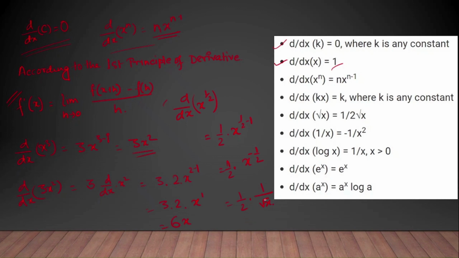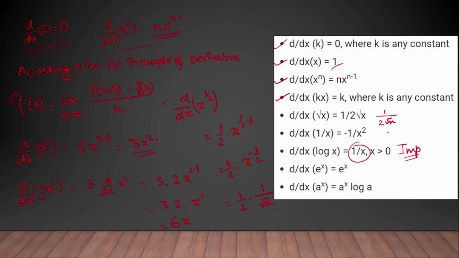I think you should understand that d/dx of x^n equals n times x^(n-1), d/dx of kx equals k, where k is a constant, and d/dx of root x is 1 by 2 root x. d/dx of 1 by x is minus 1 by x square. d/dx of log x is 1 by x, and this is very much important.